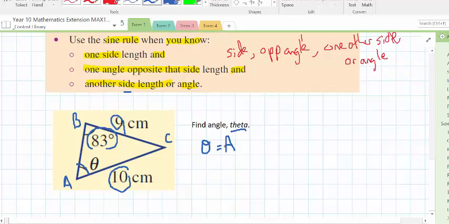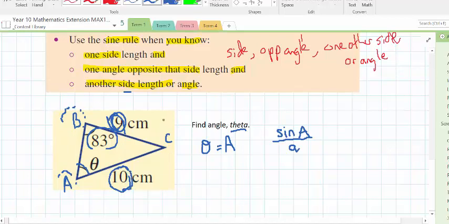So, if we're trying to find the angle, the sine bit goes on the top, so I'm going to use this version of the sine rule here, sine A over A. The reason why I'm starting with that is that we're trying to find A, so it's heavily involved in this question, and we know the 9, so that's side A. And we've got angle B, so I'm going to include the B, and we've got its side B as well.